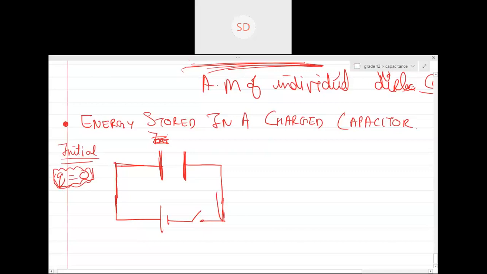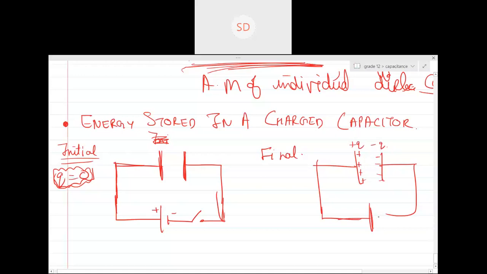I can charge a charged capacitor as well. We'll come back to that later. Now suppose there is a final case where I want to know the charge on this capacitor. After pressing the switch, the final charge I want on this is Q. So from initial to final, this is the condition.